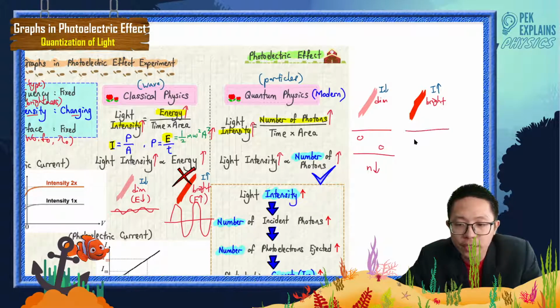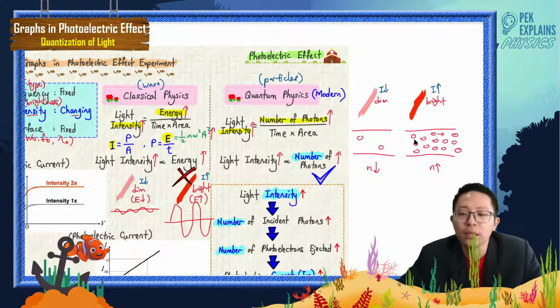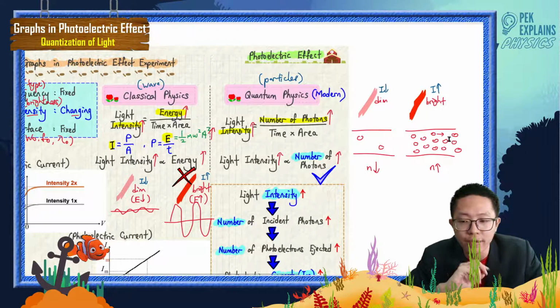But for the bright light, a lot of photons are going there. This is bright light, a lot of photons. But still each photon has the same energy.